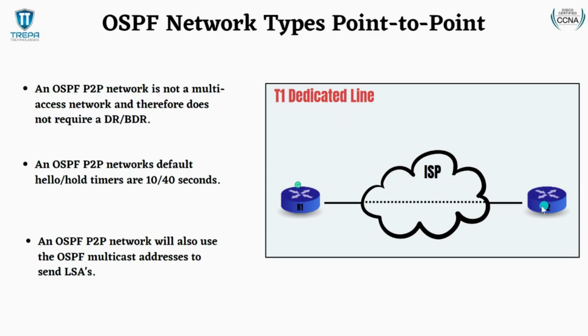So that's why it's just two routers here in a point to point connection. You don't need a DR and BDR, right? They're fine with flooding each other with their LSAs and not having that router to be the master of that and control that. And then an OSPF point-to-point network defaults are still going to be 10 and 40 seconds.